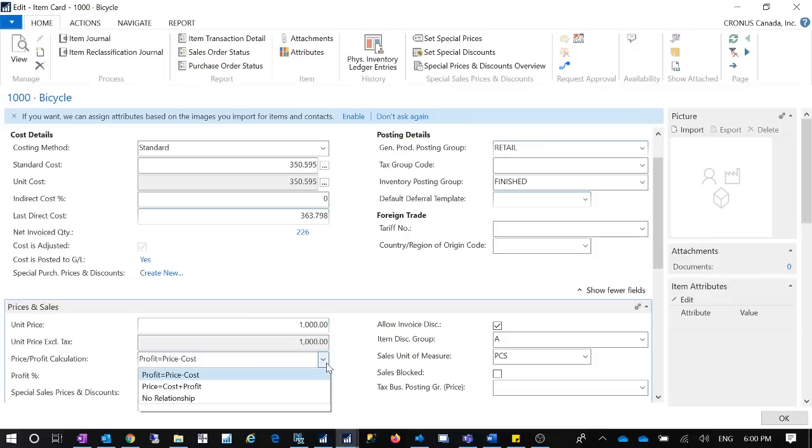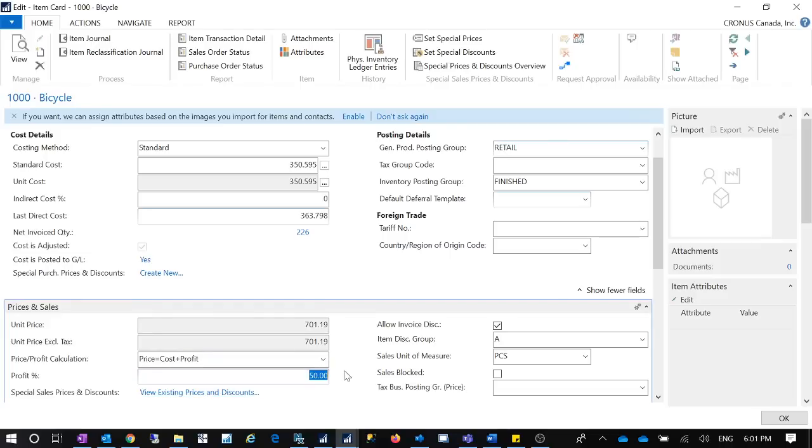And if you select the other option, Price = Cost + Profit, now you can see the price on the left-hand side becomes non-editable. Whatever you do with the profit percent will change your price. If I change it to 50%, my unit price is calculated accordingly.